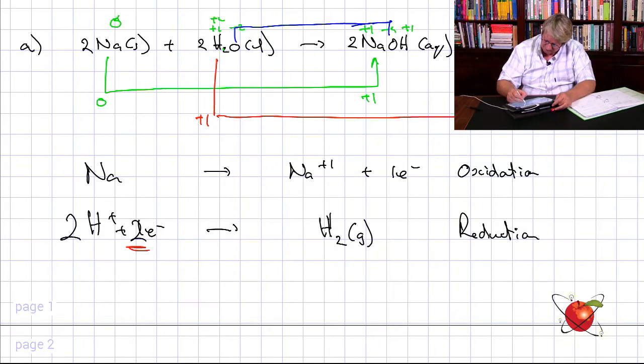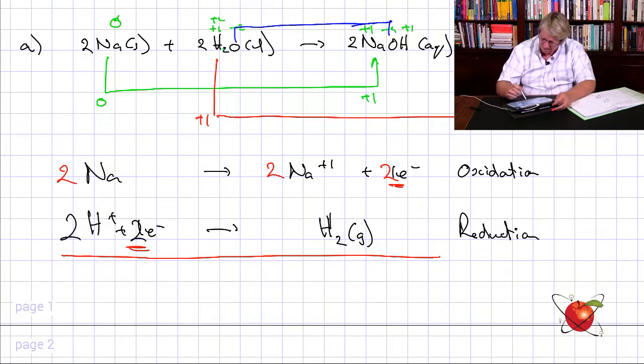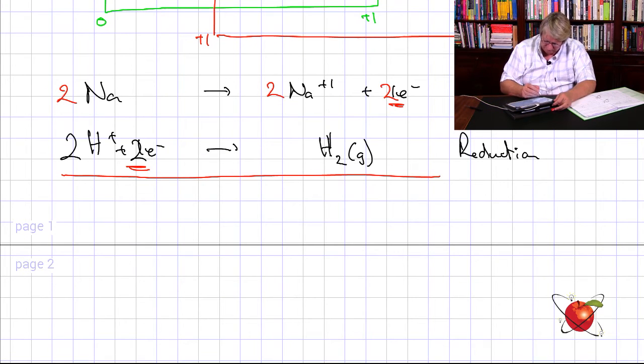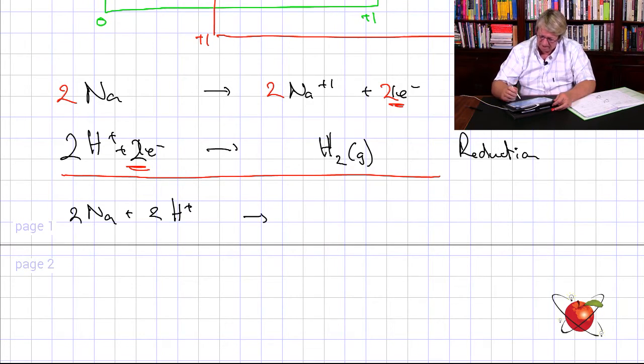So this one is going to be 2Na going to 2Na+ plus 2 electrons. Then we would add them together, and we would get the balanced reaction of 2Na plus 2H+.